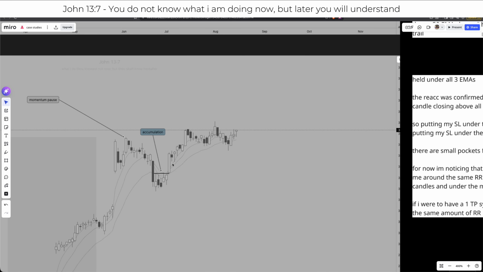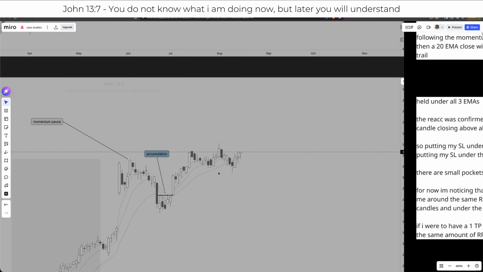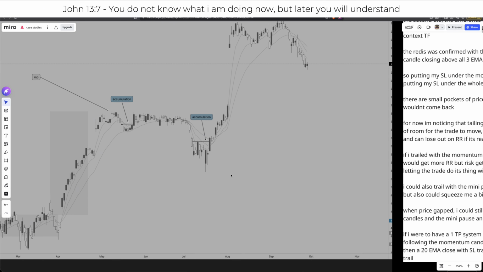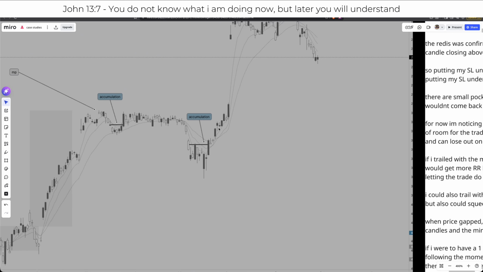So just looking at this, if I were to trail with the pauses, usually there's an actual swing, like a little liquidation of this low. Usually there's a swing point. So if I have a pause here, this would be the swing point. Here it didn't have a swing point, it had a pause and then just created the candle.